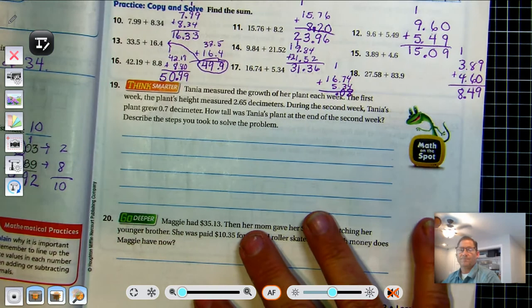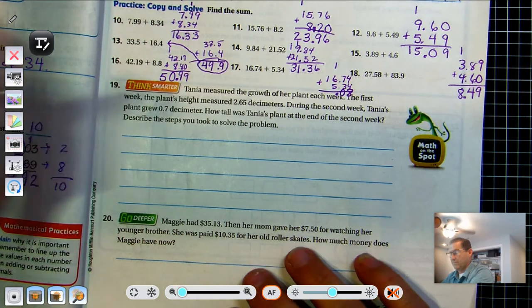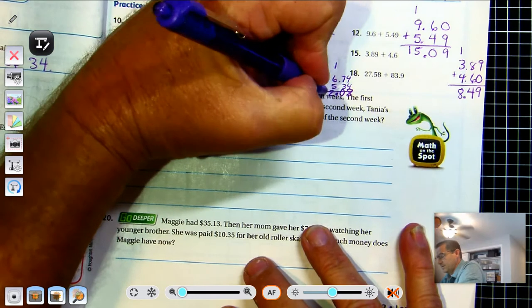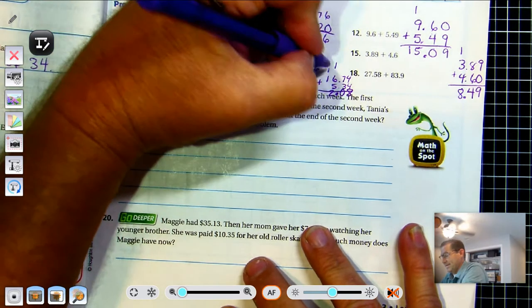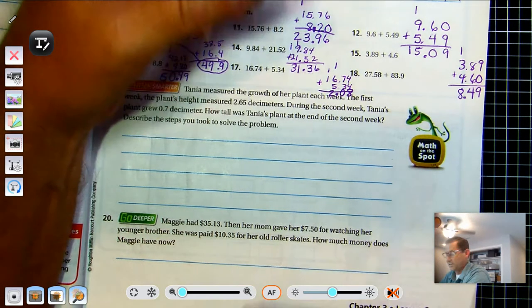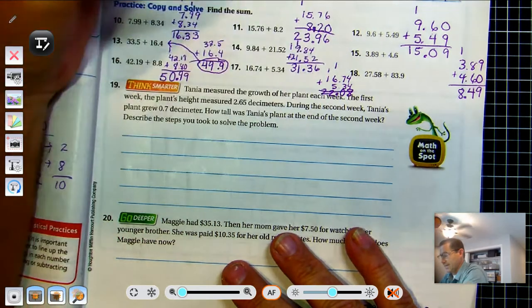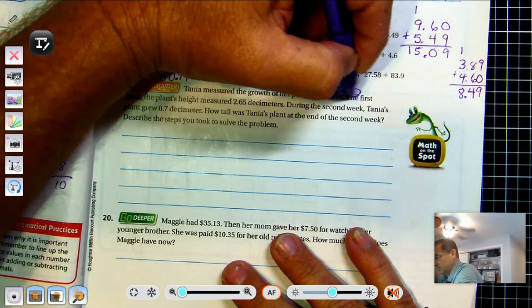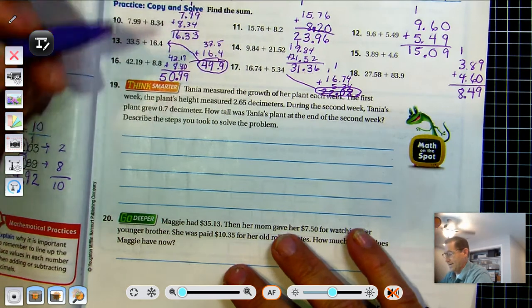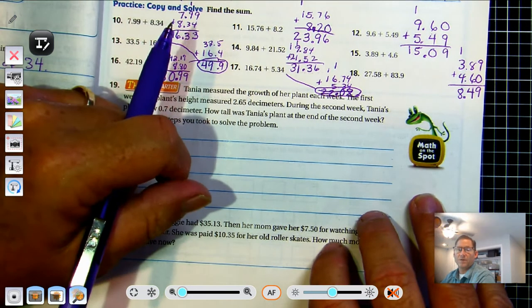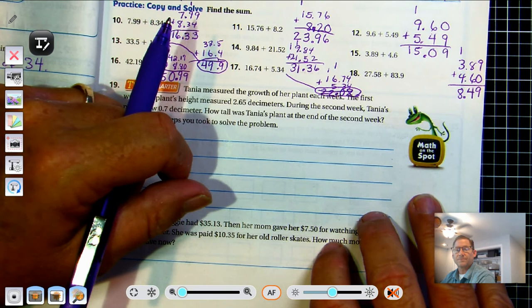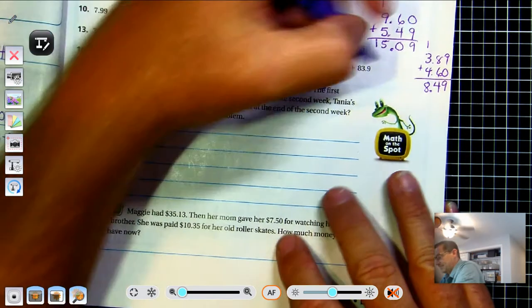Put your decimal point. 6 and 5 is 11, plus one more is 12. So we'll regroup that as 1 ten and 2 ones. And 1 ten plus the regrouped 1 gives us 2 tens. So 22 and 8 hundredths. And 18.